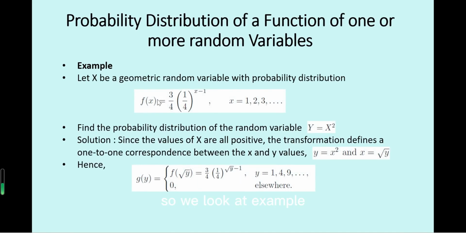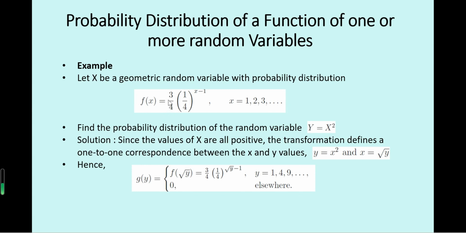So let's look at an example. Let X be a geometric random variable with probability distribution of this form, with the probability of success and the probability of failure. A geometric distribution takes repeated trials with success rate p, until you get the first success.